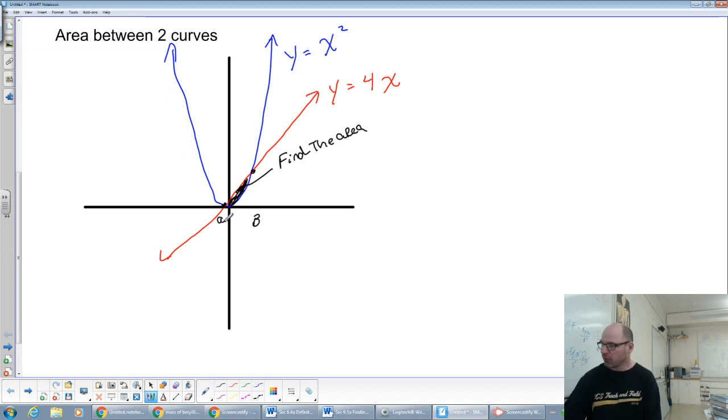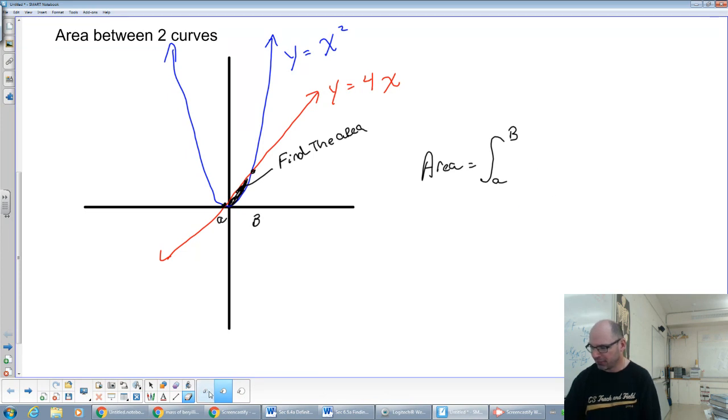So what it would look like is the area is going to equal the integral from the lower limit to the upper limit of f1 of x minus f2 of x. I'll use f1 of x rather than a capital letter, because we'll use capitals for integrals, so I'll keep it consistent.